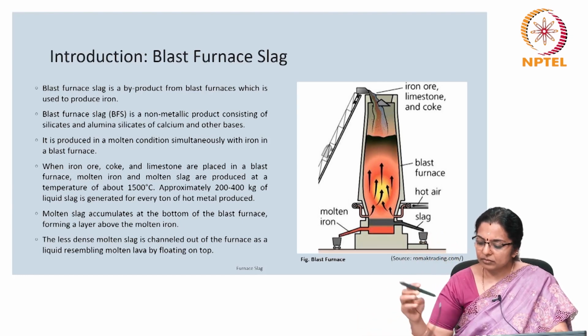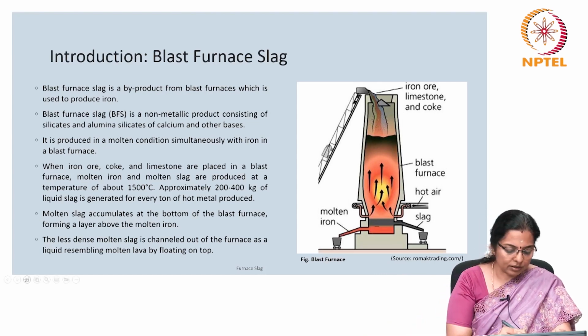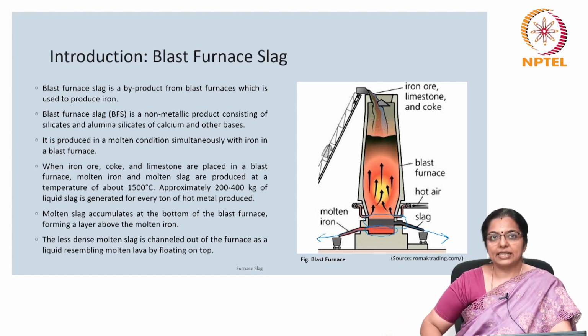So the slag which is formed is separately taken out and the molten iron is separately taken out because of the difference in density.